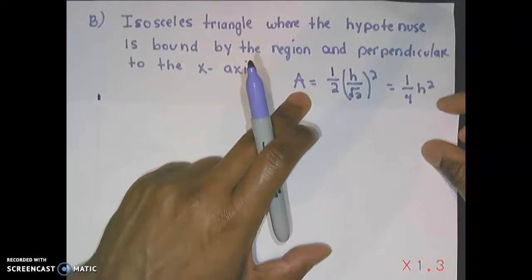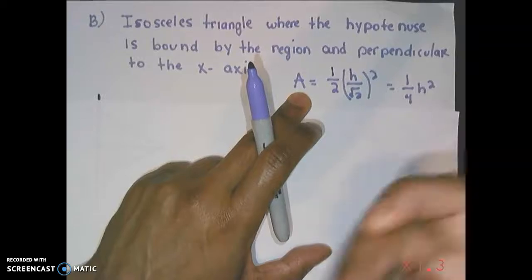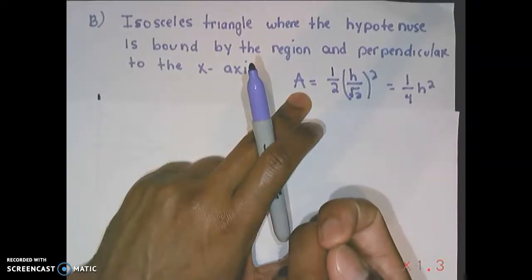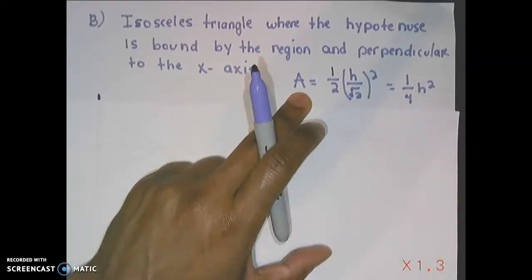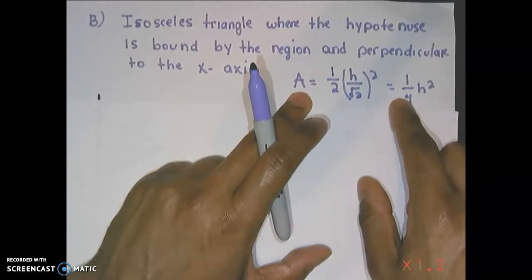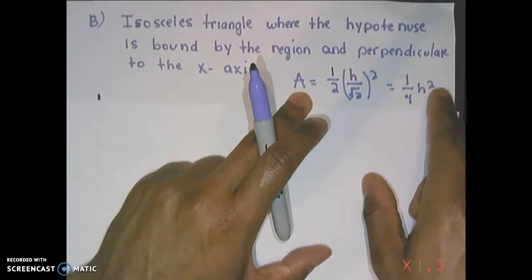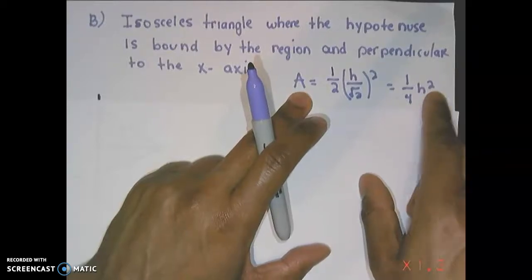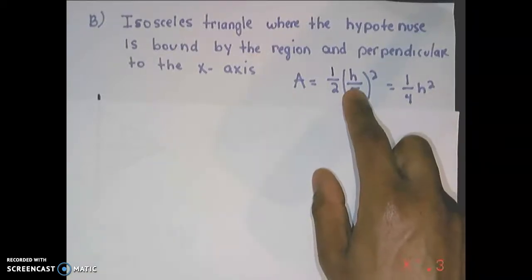If you have the area of the right isosceles triangle when the hypotenuse is stuck between the 2 regions, then the area is going to be equal to 1/4 times the hypotenuse squared. Because remember, if they give you the hypotenuse, how do you find a side?